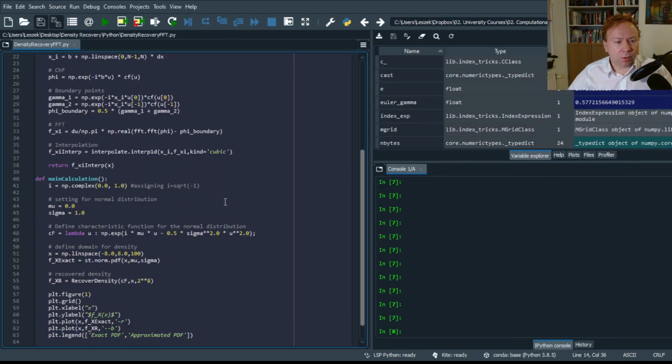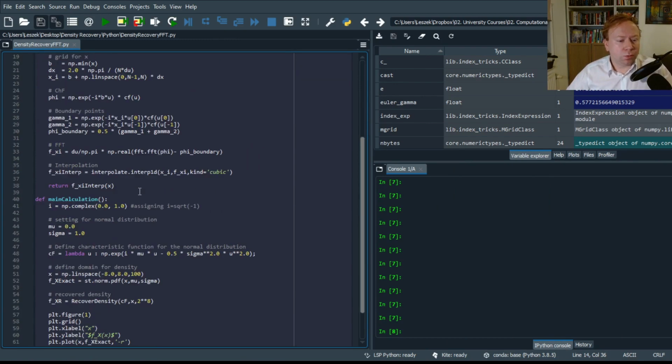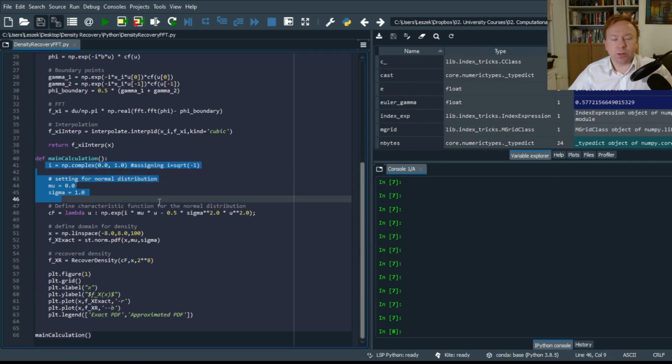So let us take a look into the code. The code consists again of two blocks. We have a main function where we specify some configuration. So here we have mu and sigma. Those parameters we will be changing and seeing the impact of those parameters on the recovery. Then we have a lambda expression for the characteristic function.